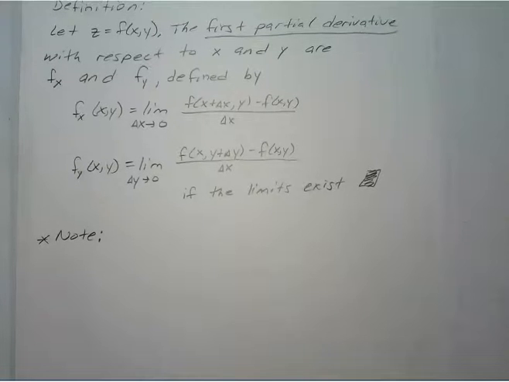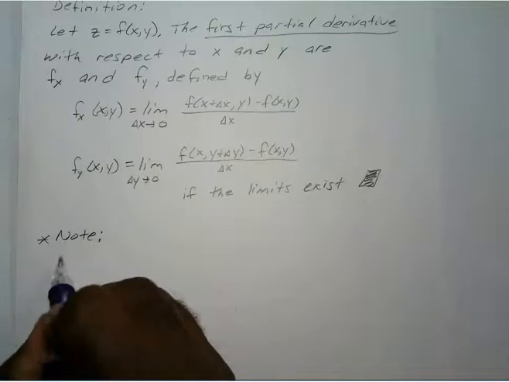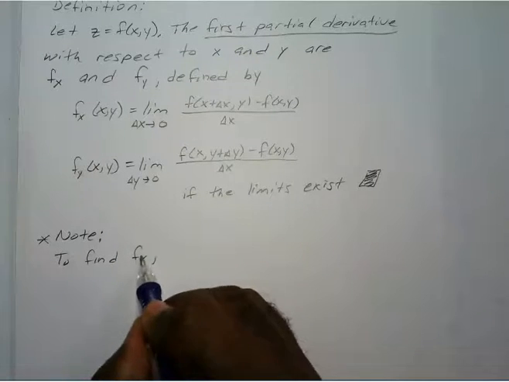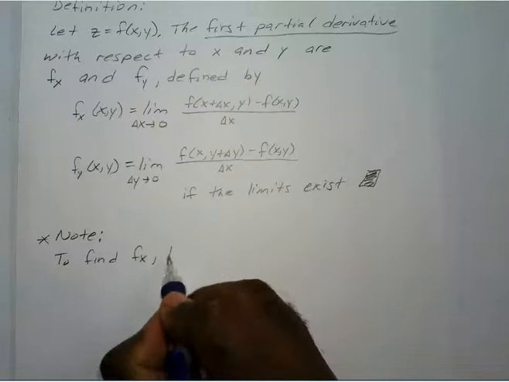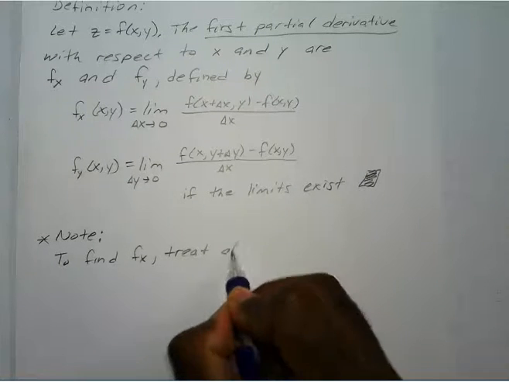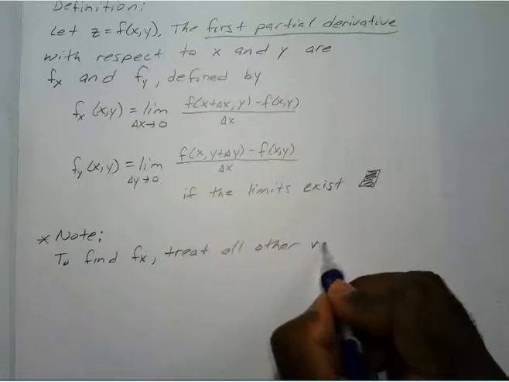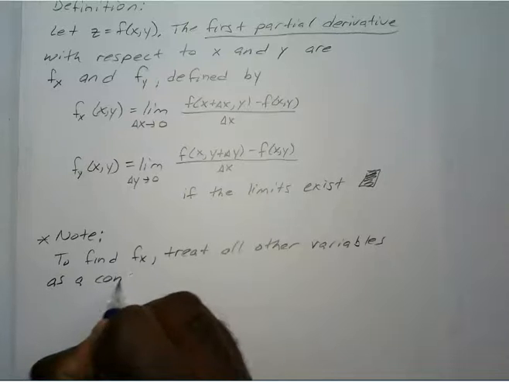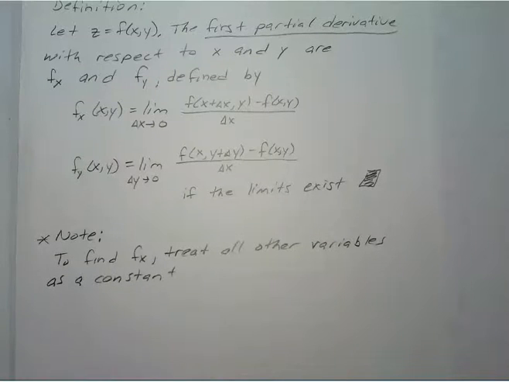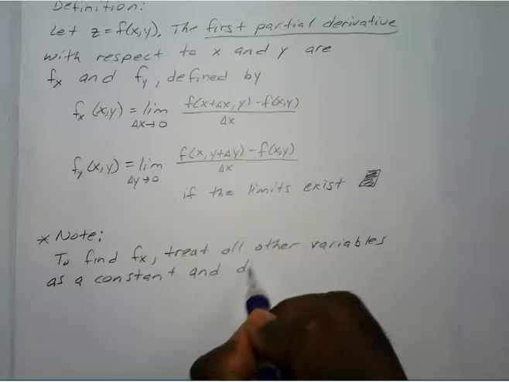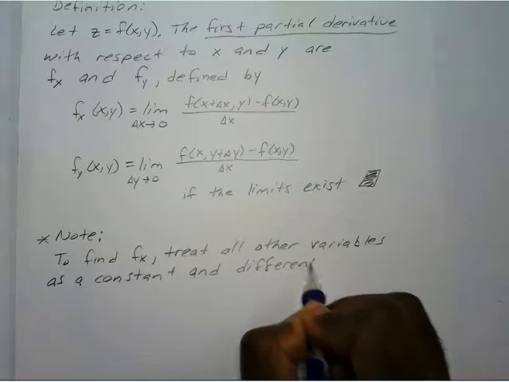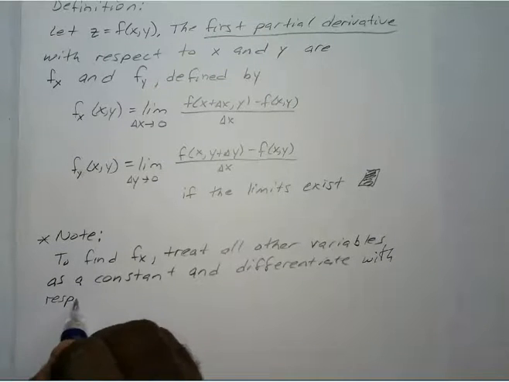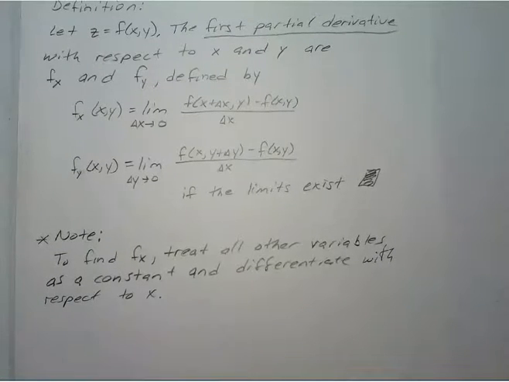Okay, so to find your partial with respect to x, you treat all other variables as a constant, and you will strictly differentiate with respect to x.